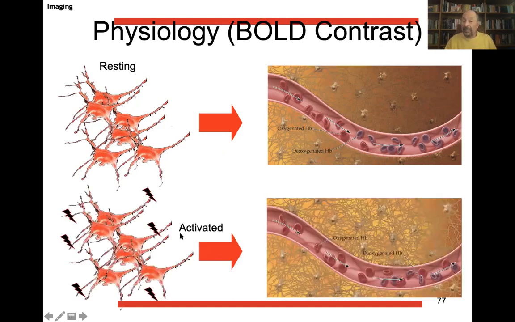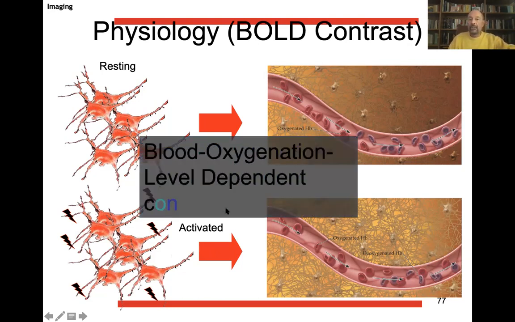When you have activated neurons, you see the density of the neurons here. You will now need more oxygen, so you have a change in the oxygen consumption. So essentially what you measure is the blood oxygenation level dependent contrast, so-called BOLD.